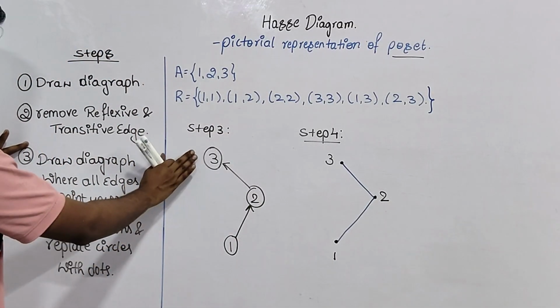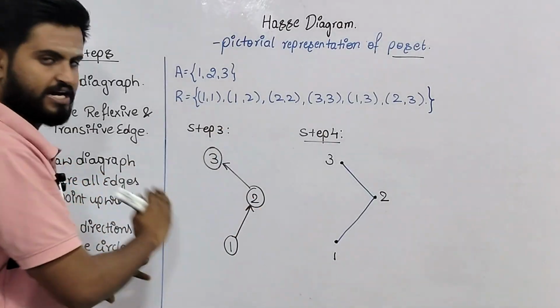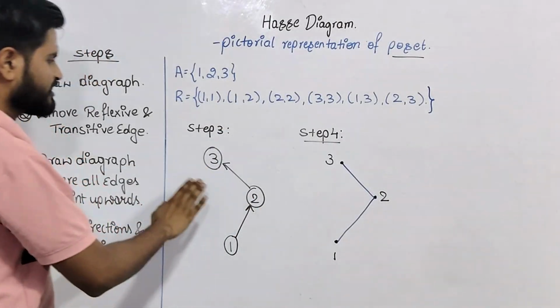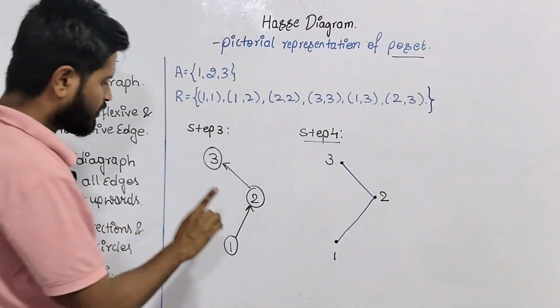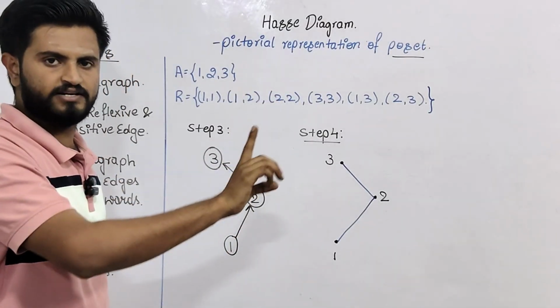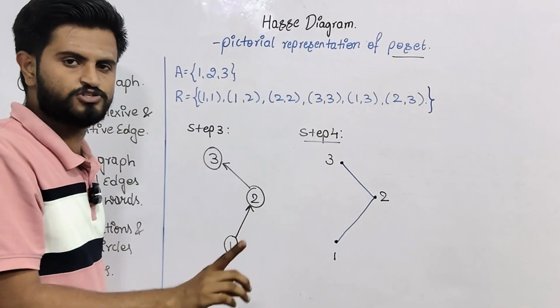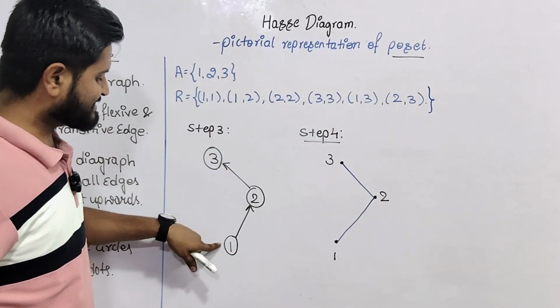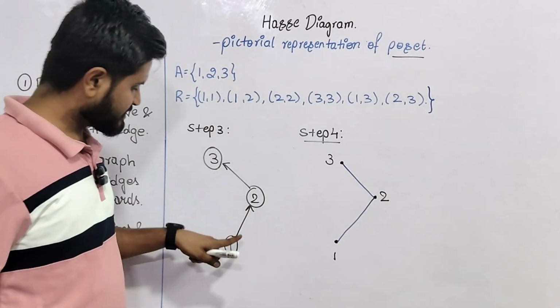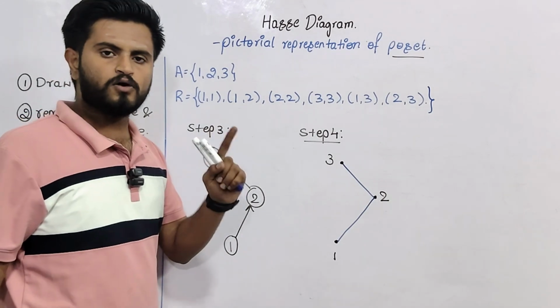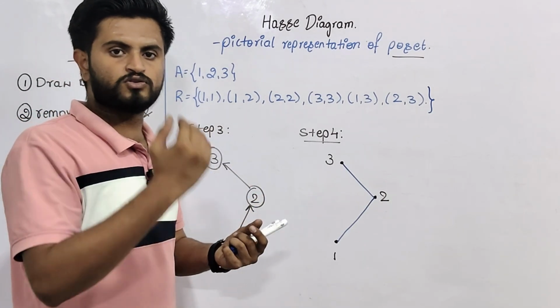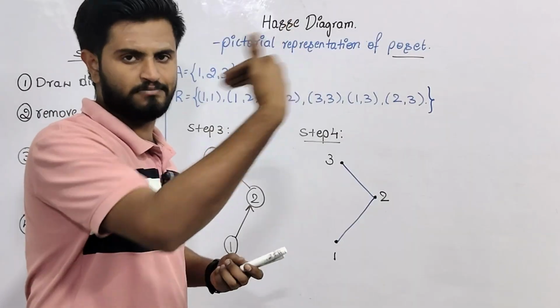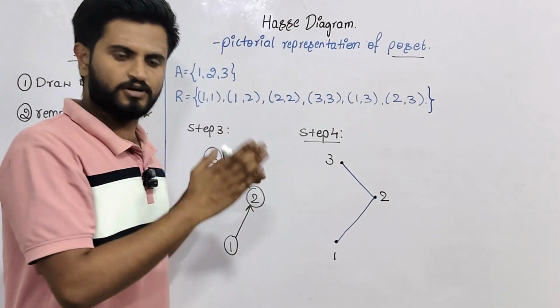So in the third step, we redraw the digraph in such a way that all the edge directions are showing upside. How? We decided the base first. That is the base element or node. Which element or node was not having an incoming edge was considered for the base.